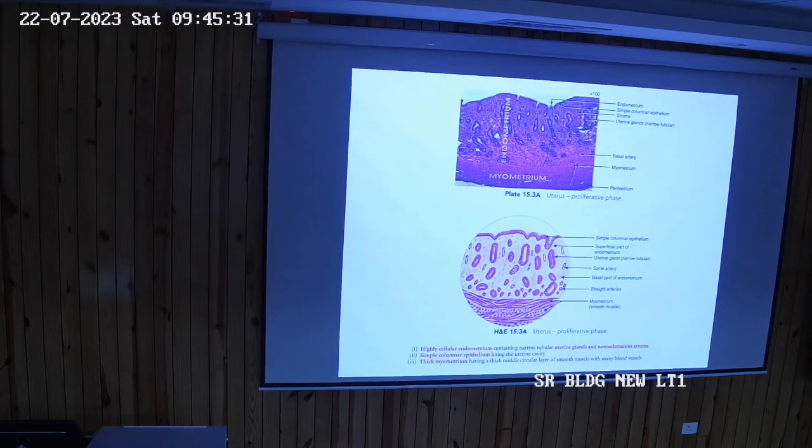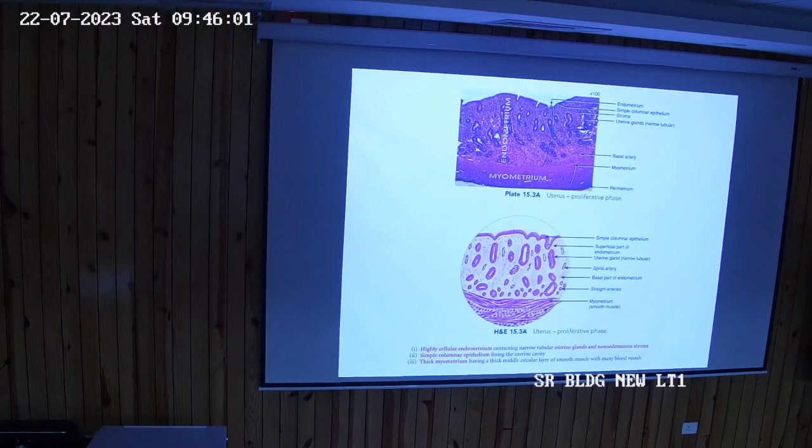The slide of uterus in the menstruation phase shows blood mass besides the other things. In the secretory phase, the uterine glands are tortuous, while in the proliferative phase, uterine glands are straight. This is the basic point. Keep it in your mind. I am coming to the rest of the parts.